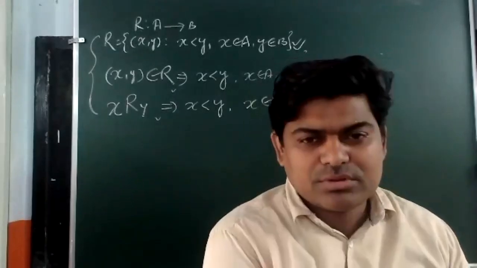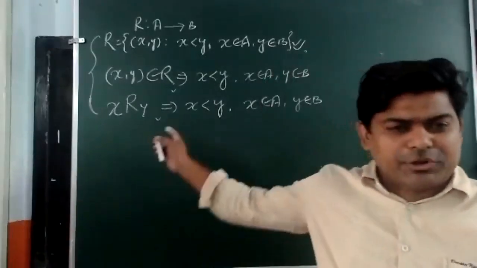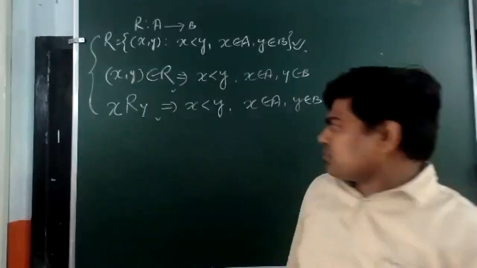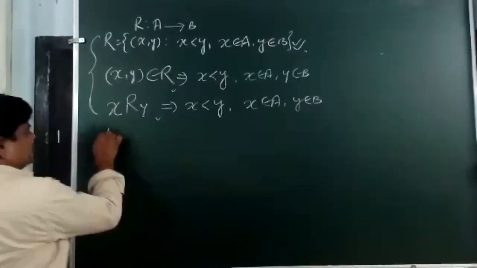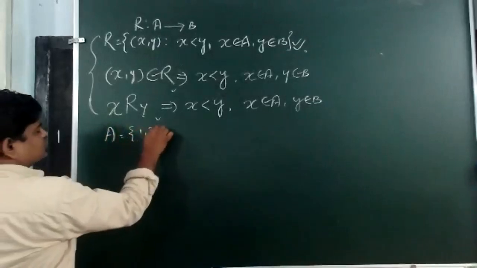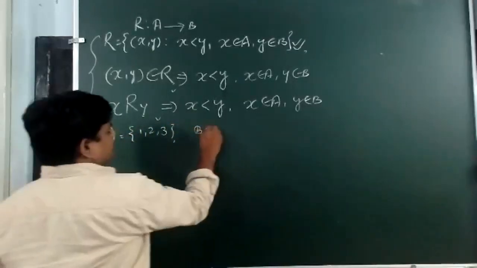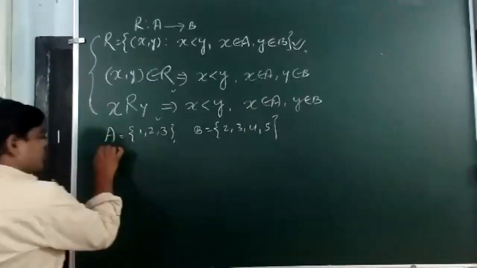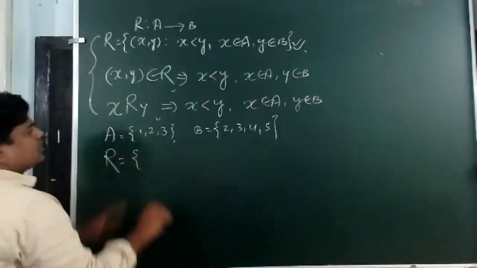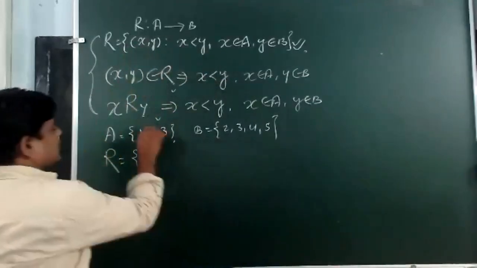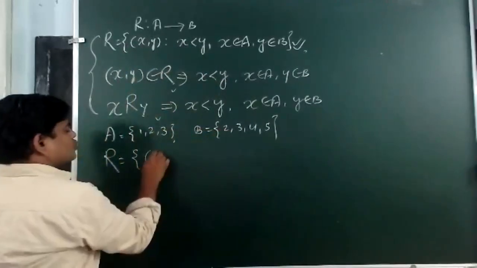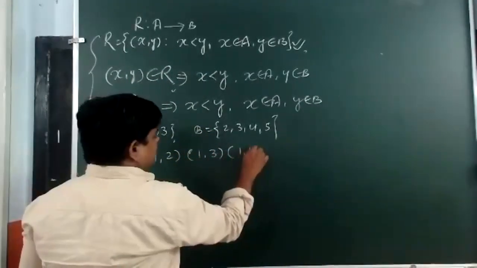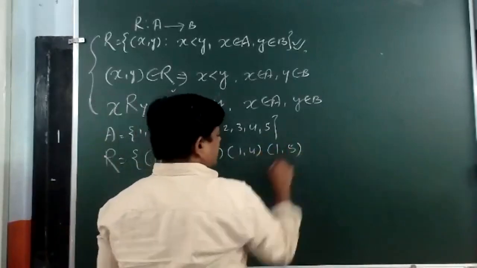And just now, if you remember, I wrote each and every element of R. If A is equal to {1, 2, 3} and B is equal to {2, 3, 4, 5}, then I wrote R by following this definition: 1 is related to 2, 1 is related to 3, 1 is related to 4, 1 is related to 5.